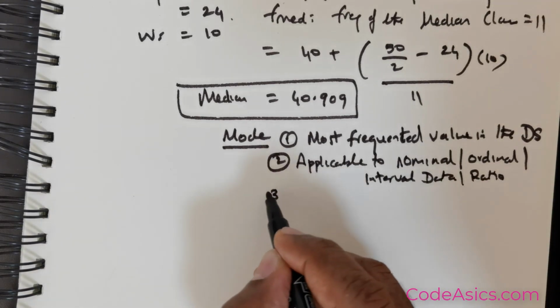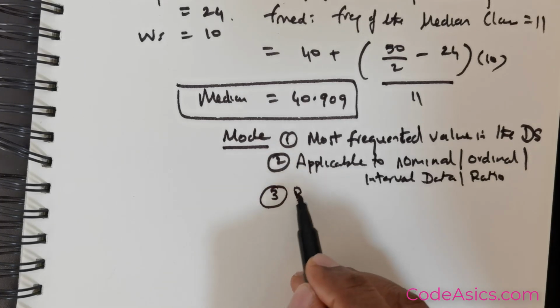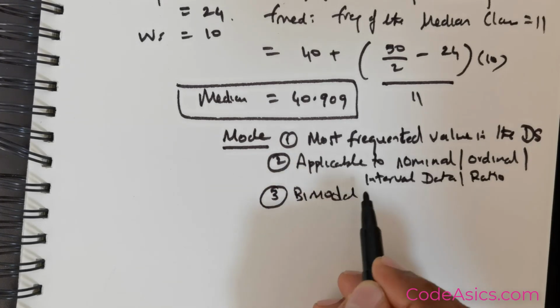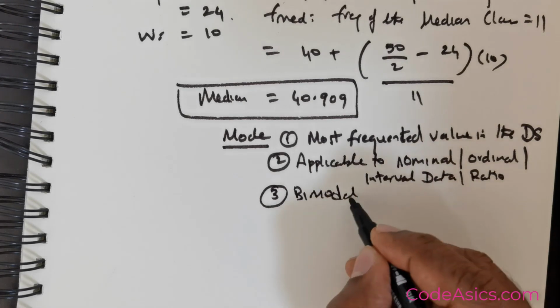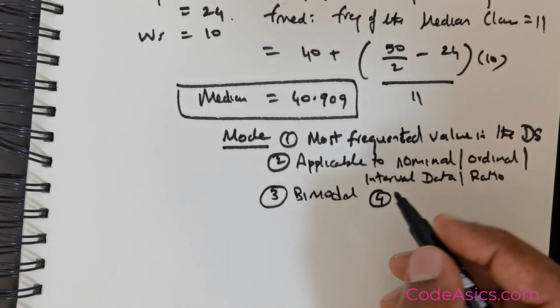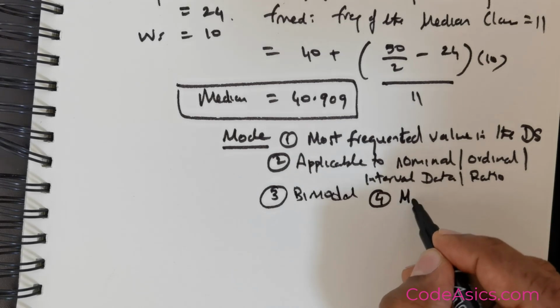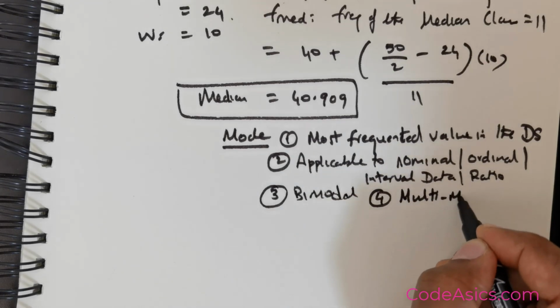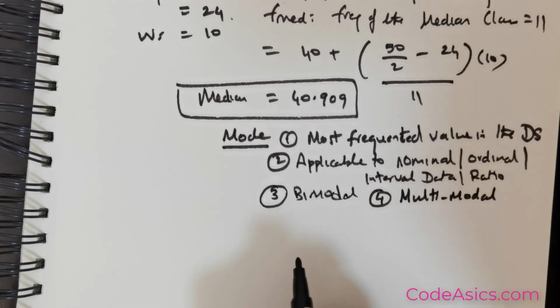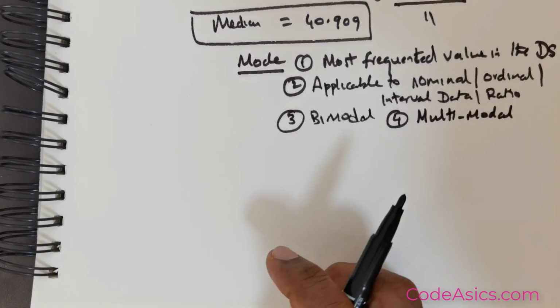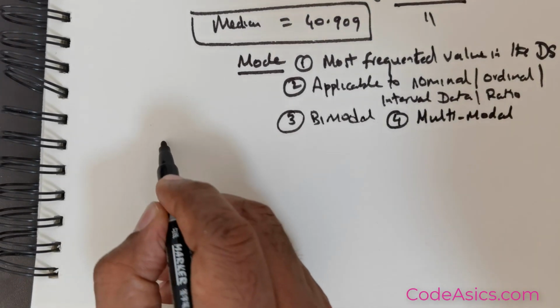Now if the dataset has two modes, we call it bimodal. If it has multiple mode values, we call it multimodal. Now let me give you this illustration.